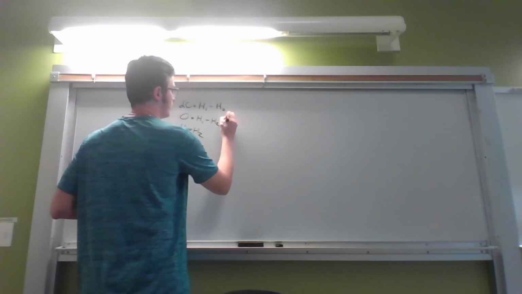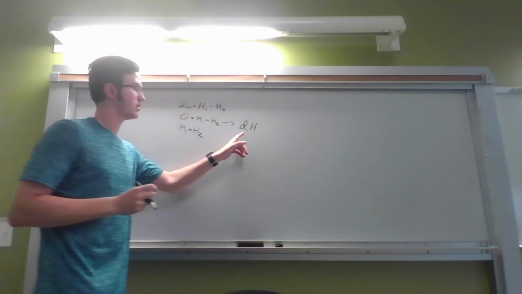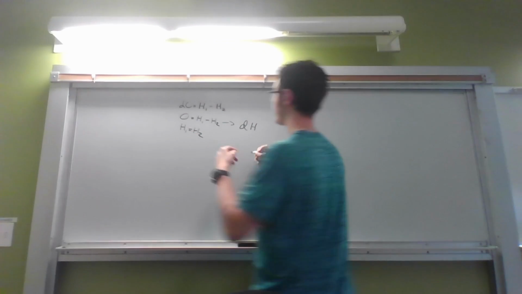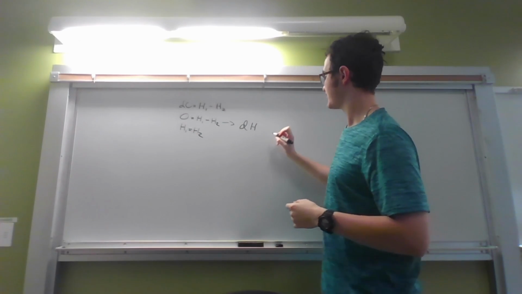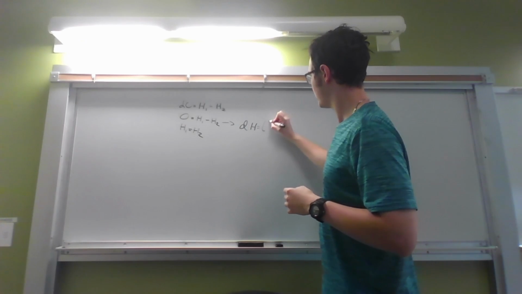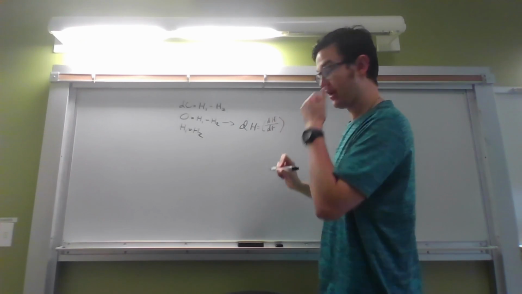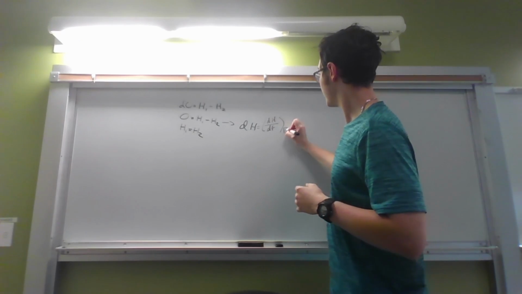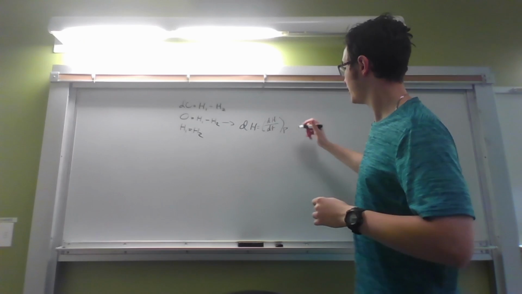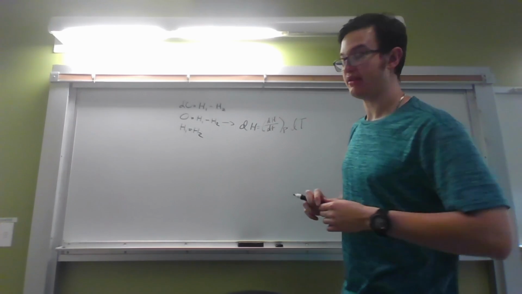So, with that being said, this equation can be written as the change in H, or change in enthalpy. Now the change in enthalpy has its own equation, is equal to the change in enthalpy divided by the change in temperature at a constant pressure, so that's the rate of change of enthalpy with temperature at a constant pressure, multiplied by the change in temperature.